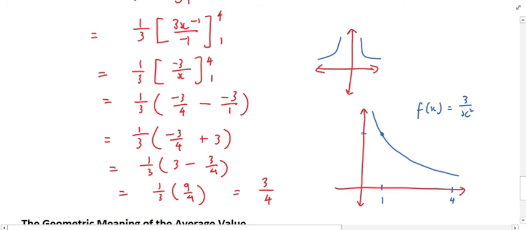At x equals 1, the value of the function is 3. At x equals 4, the value of the function is 3 on 4 squared, 3 on 16. So we can see that as we move along this interval, the value of the function is going from 3 down to 3 over 16. It's assuming all of these little green values in here. So if I were to average those out, the average value of the function across that time would be 3/4.